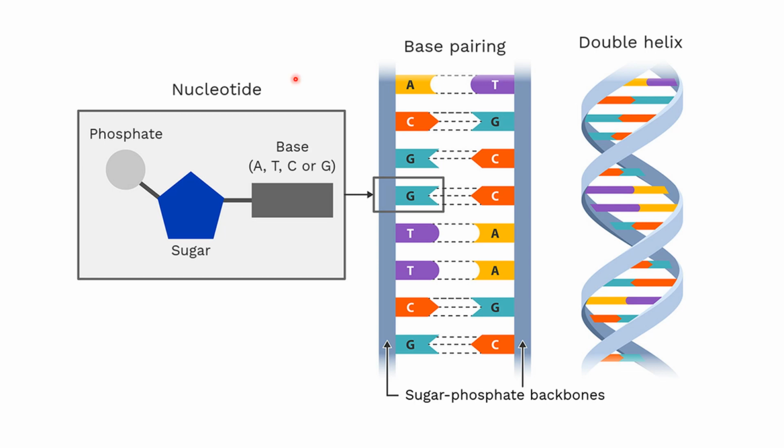As you can see here, the DNA is made up of many nucleotides. If you look at the expansion of the name DNA, you can understand that DNA stands for deoxyribonucleic acid. What is the nucleic acid?